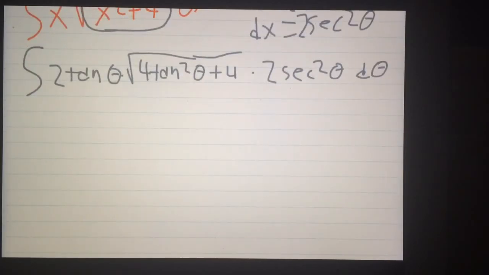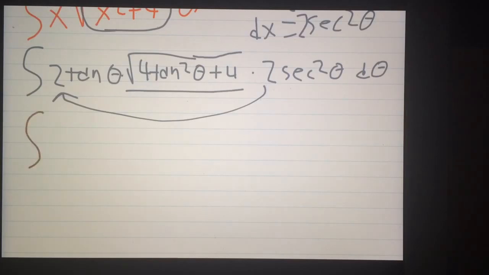So let's simplify a bit. Let's move the 2 over here, and let's simplify this entire expression with a new color. The integral of 4 tan theta secant squared theta, so times the square root of 4 tan squared plus 4. If we factor out a 4, we get the square root of 4 times tan squared plus 1, tan squared plus 1 equaling secant squared theta.